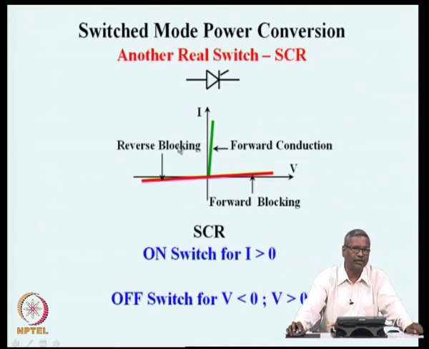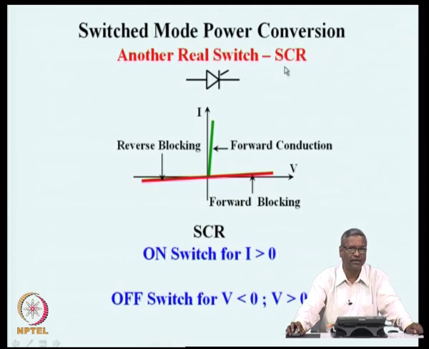The VI characteristics of an SCR has three sections: a line crossing both positive voltage and negative voltage region for very small amount of current, and this particular line is the blocking state of the device, both reverse blocking and forward blocking. This is one stable state of the SCR.